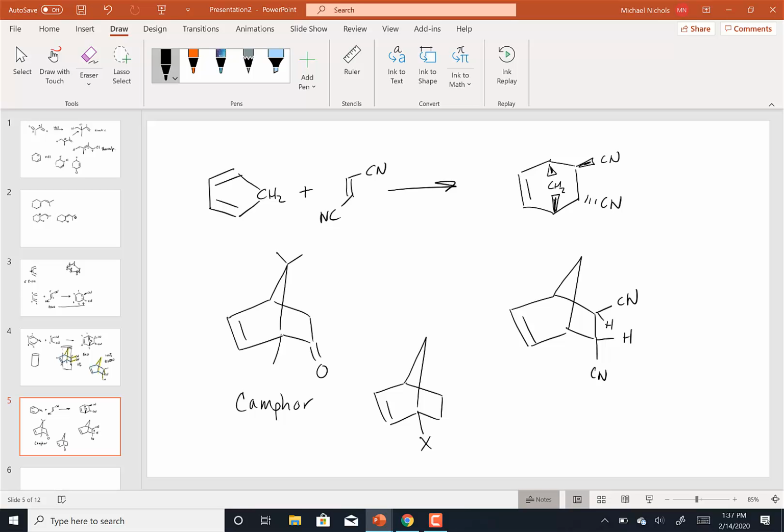In the next couple of weeks, we'll talk about that in terms of adding to benzene rings. But let's say I put a chlorine there and I add silver to it. The silver would usually rip the chlorine off to form a carbocation because you'd form silver chloride and it would precipitate. In this system, you cannot form the carbocation at the bridge. They could not form the carbocation at the bridge.